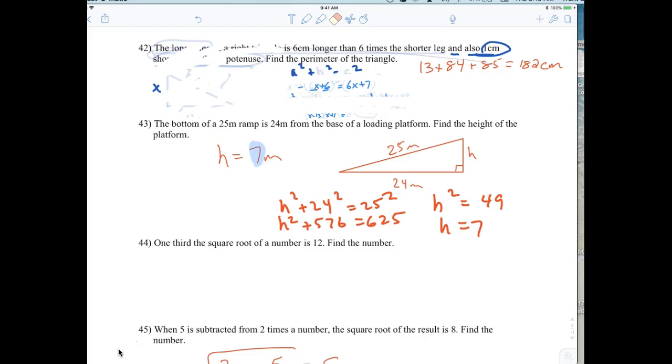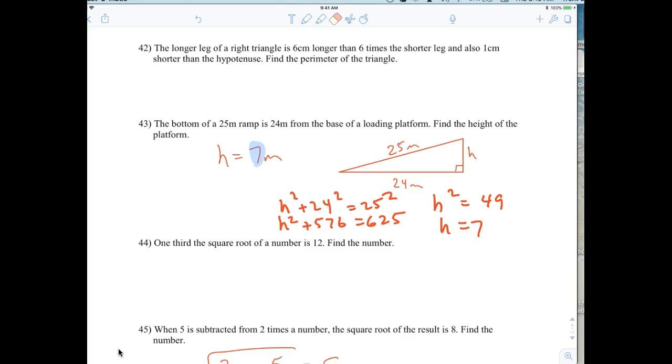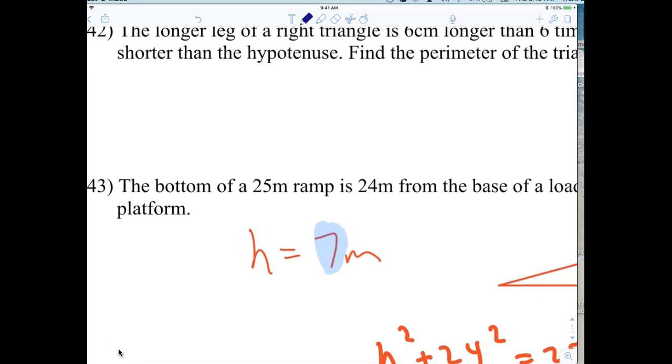All right, now here, it says the longer leg of a right triangle is 6 centimeters. Okay, everybody kind of put a star by this one because this one is kind of hard. Requires a little bit more thought. So what I'd like to do is, just for your own reference, you could make a triangle.